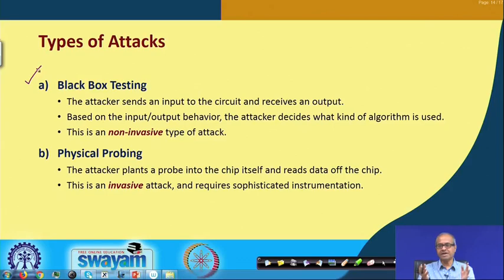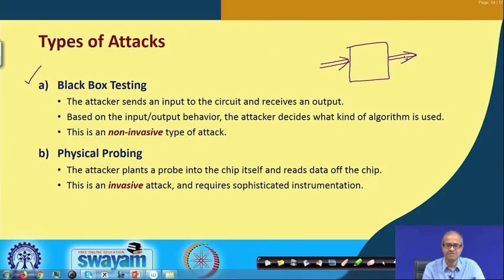We are not carrying out an invasive attack, we are not breaking it open. So, we have a device, we leave it as it is. What we can do is apply some input from outside and see what output it is generating. Just from the input output behavior, we can try to obtain some information about the device. This is black box attack or black box testing.